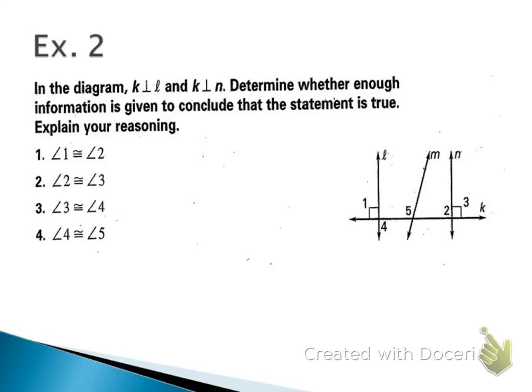So if K and L are perpendicular, I know that all of these are right angles. And if K and N are perpendicular, all of these are right angles. I do not know anything about line M as it relates to line K, so I can't label angle 5 as anything special. Any questions so far?